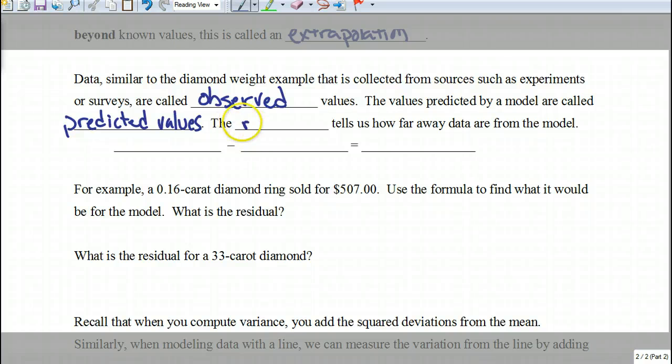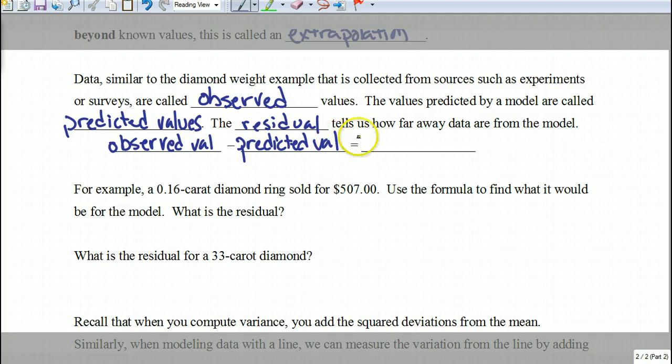The residual tells us how far away the data are from the model, or how far away the points of data are from the line of best fit. So to find that, we're going to take the observed value, subtract away the predicted value, and that will equal our residual.